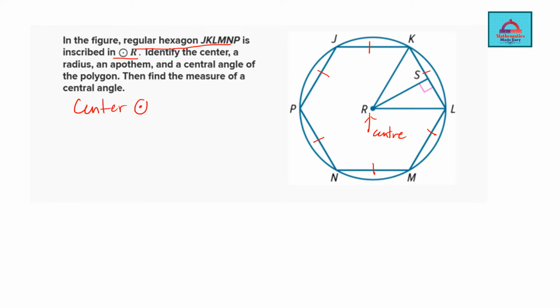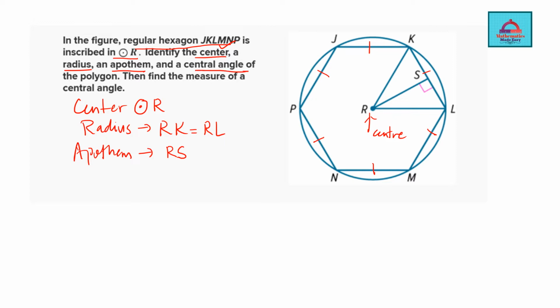The center is the point R. Then the radius: there are many radii, but you can name any one, center to a vertex, so RK or RL, both are equal. Then the apothem: by definition, it joins the center and the center of a side, perpendicular to it. So the apothem is RS because it joins the center to this 90-degree point on the side.